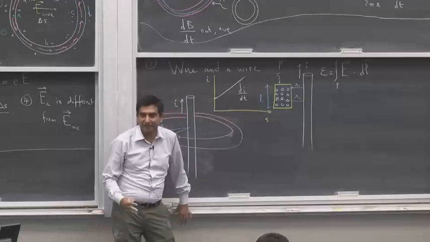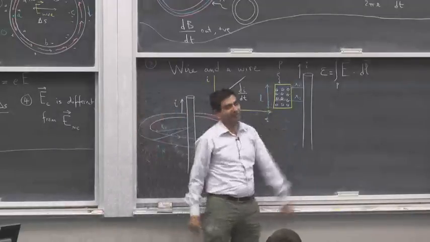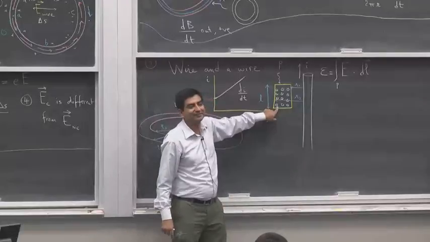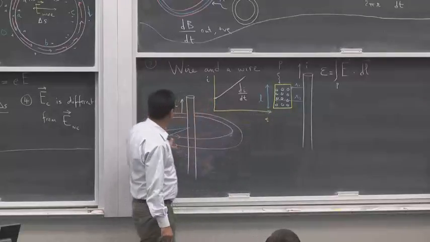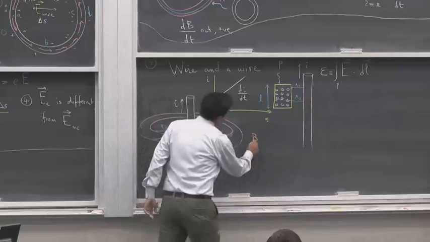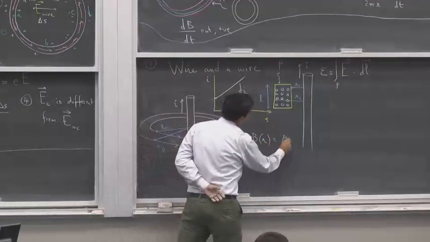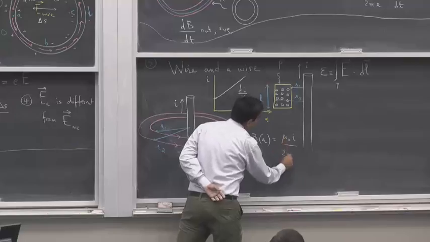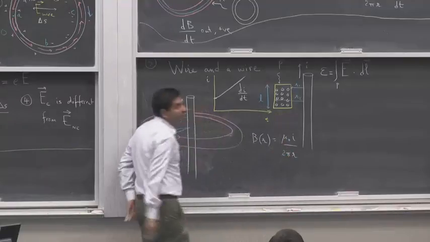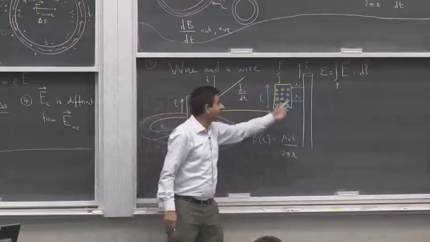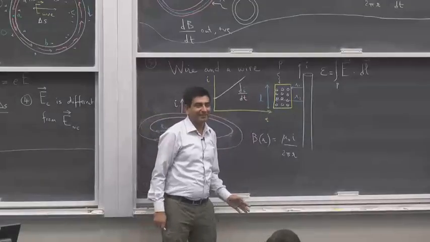It is increasing with time because the current through this wire is increasing with time. And is the field here the same as the field here? No, because the field as a function of the distance from this wire is given by mu naught I over 2 pi small r. This is Ampere's law. Now the fields are coming out and they're non-uniform and they're increasing with time.